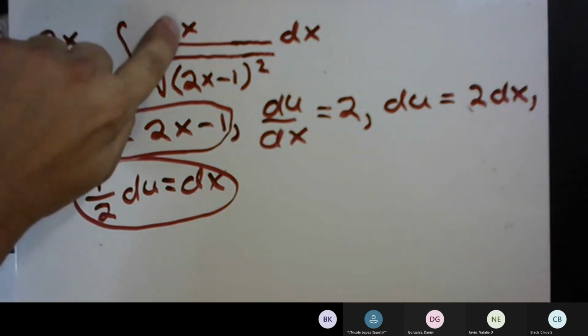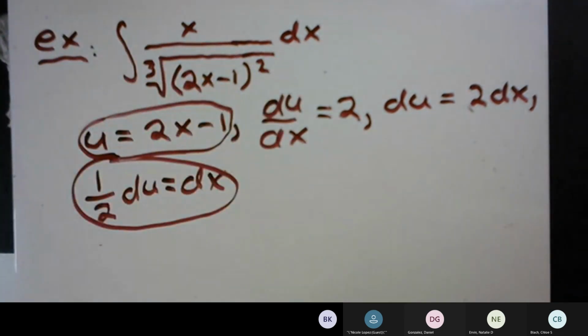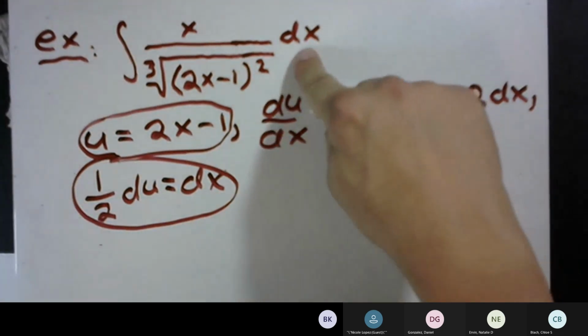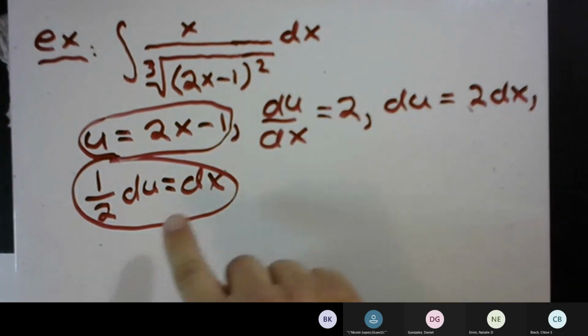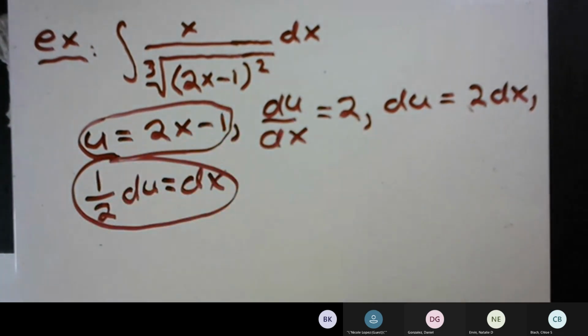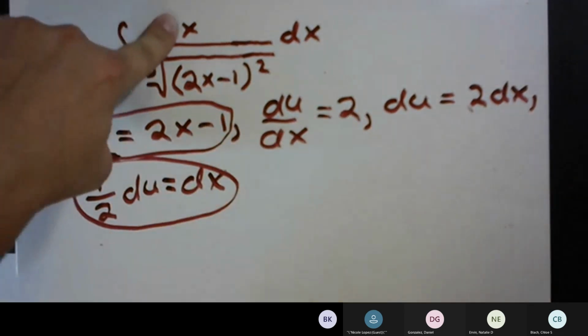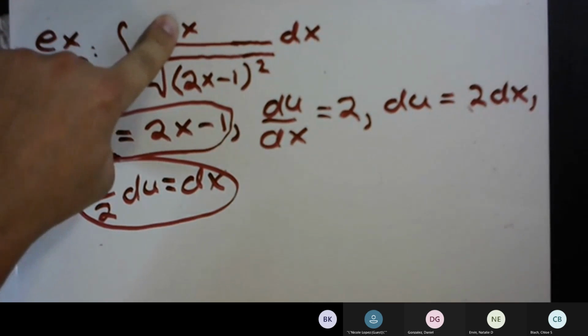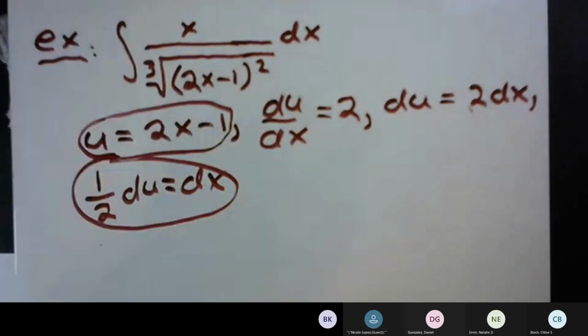We would hope we had an x dx, but we don't. So what's going to happen? We'll replace the dx with 1/2 du. We're going to replace 2x minus 1 with u, but we're still going to have an x here. And for this integral to work, we need everything to be the same variable. So what can we do?